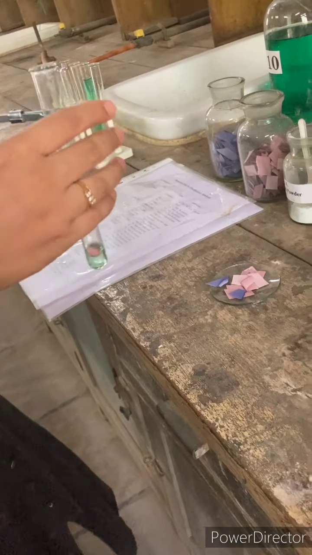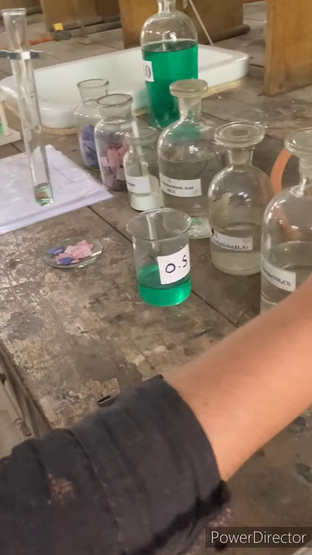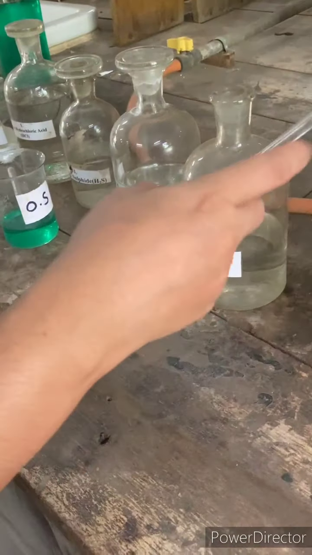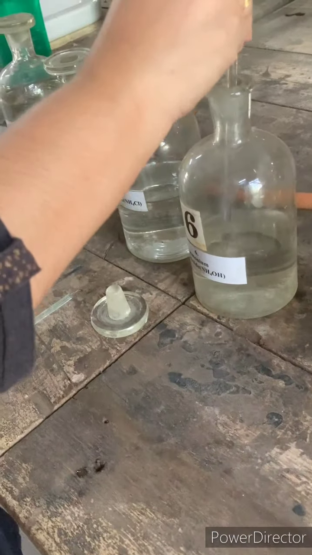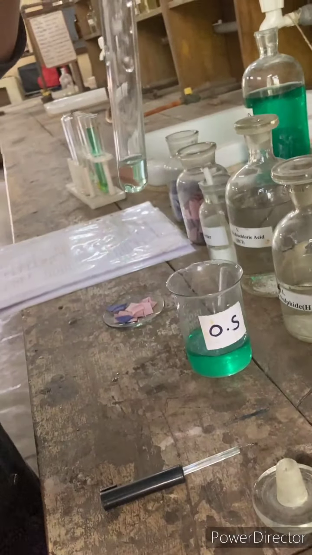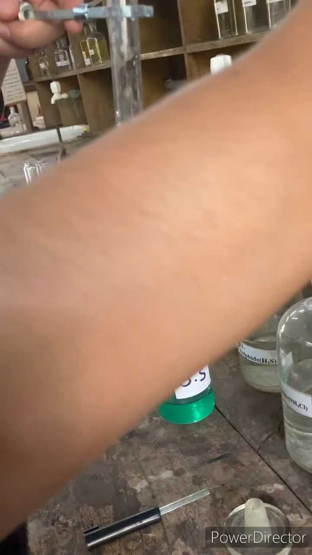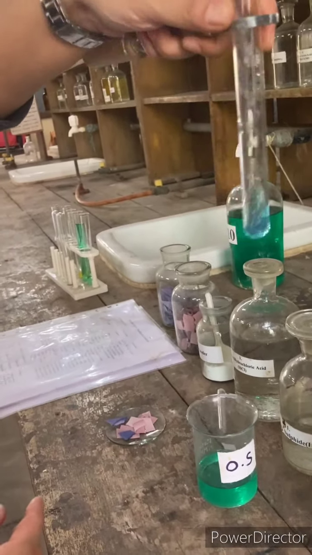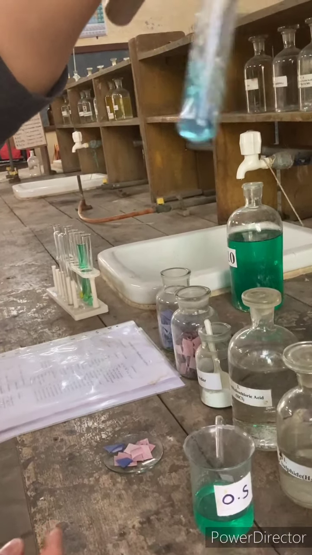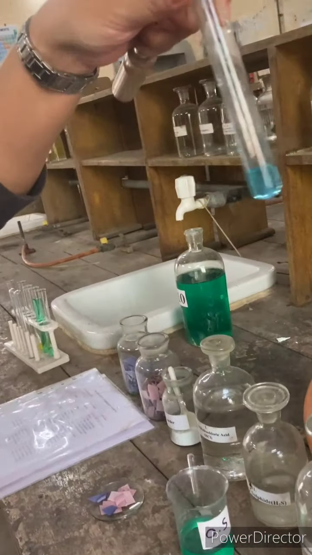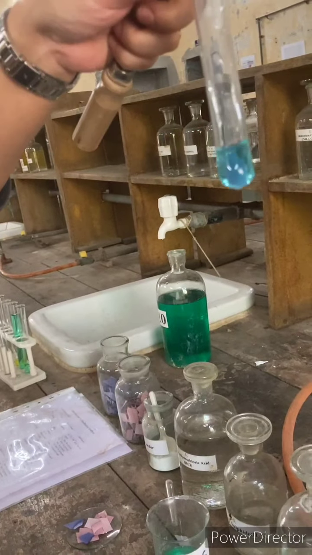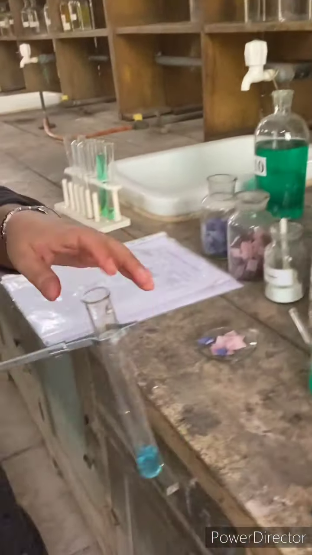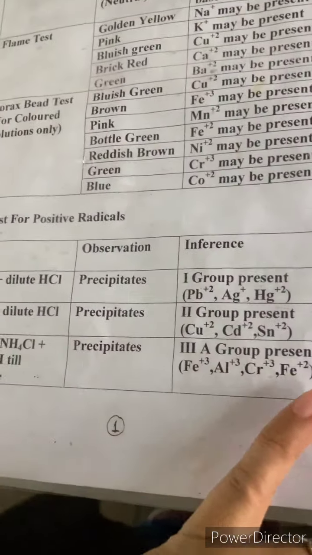We will drop red litmus paper to it, and NH4OH droplets, till it has turned blue. As you can see, the red litmus paper has turned blue, yet there is no precipitate formation. So third A group is also absent.